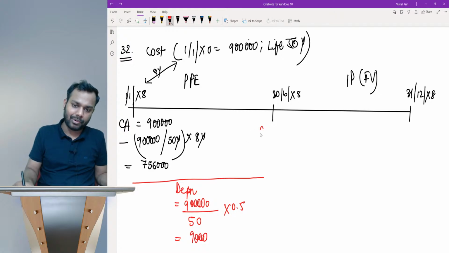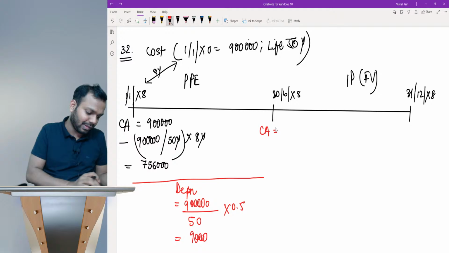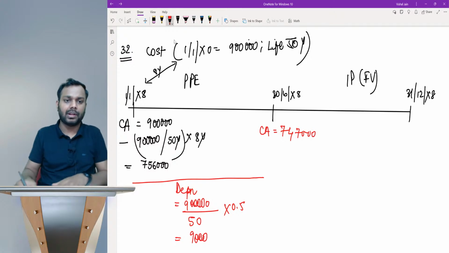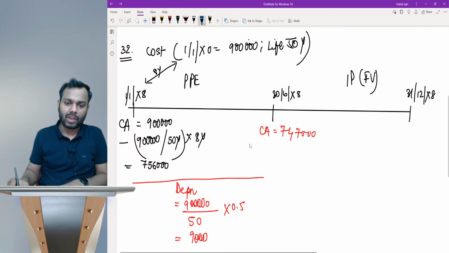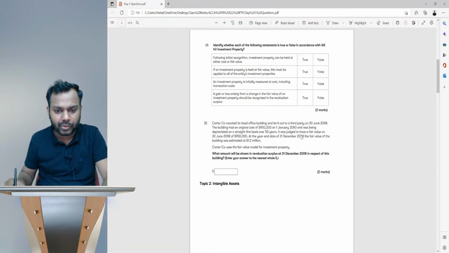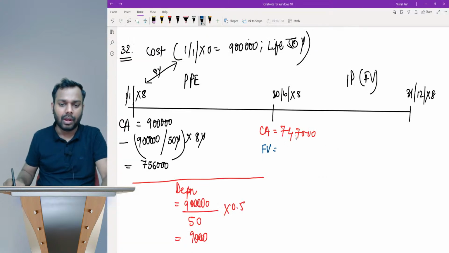So what is the carrying amount here? Carrying amount is 756 minus 9, which is 747,000. Right? Now, what is the fair value here? Let's see. Fair value is 950.